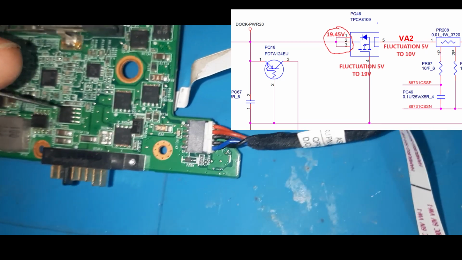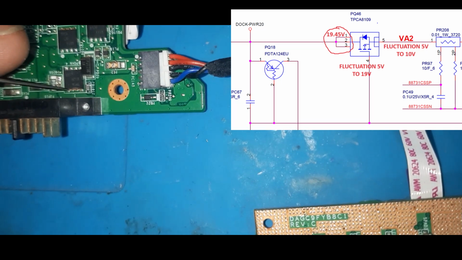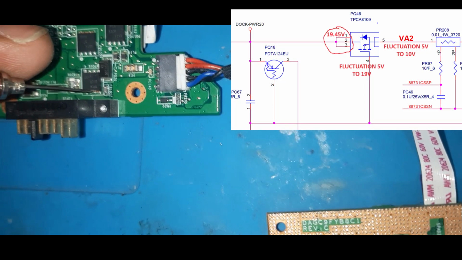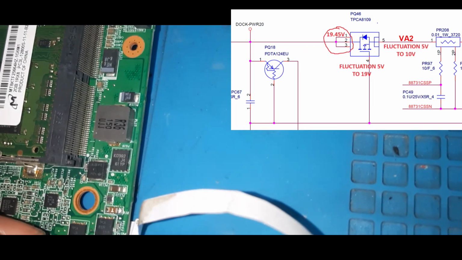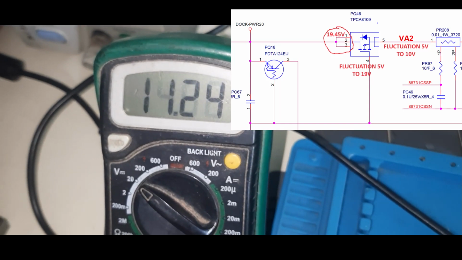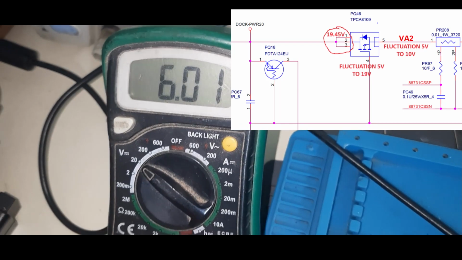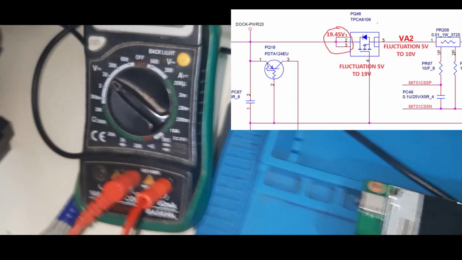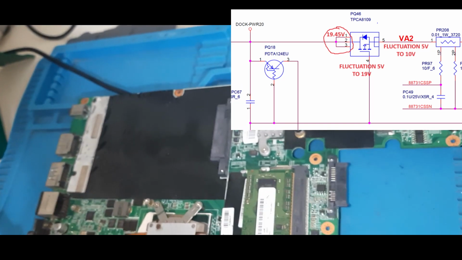Next, the output of this, here it is. The output of this MOSFET is around 11 and it varies, right? Why is it varying? Is this the issue?